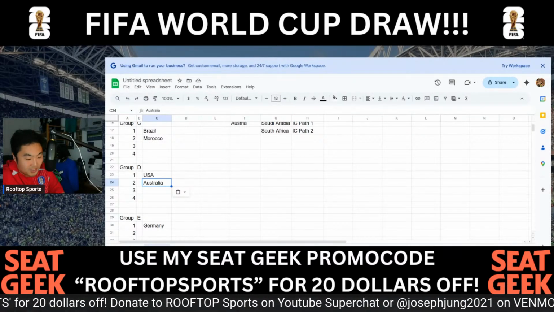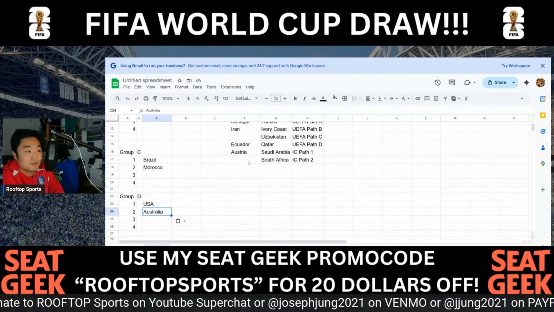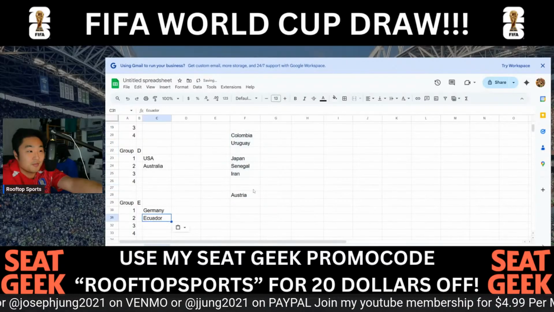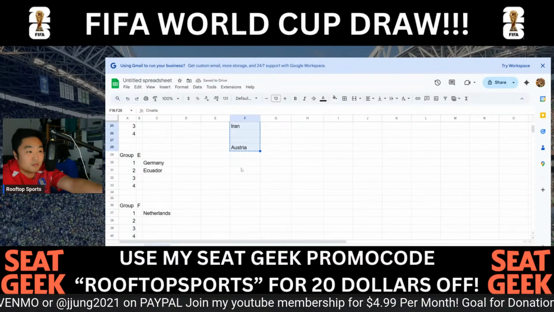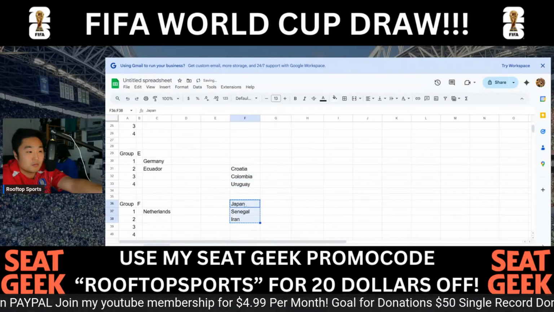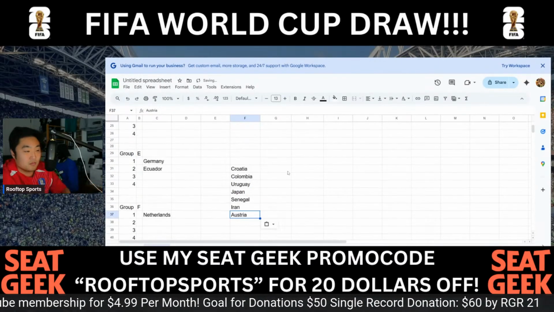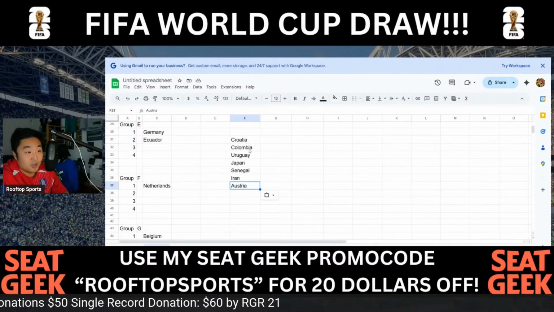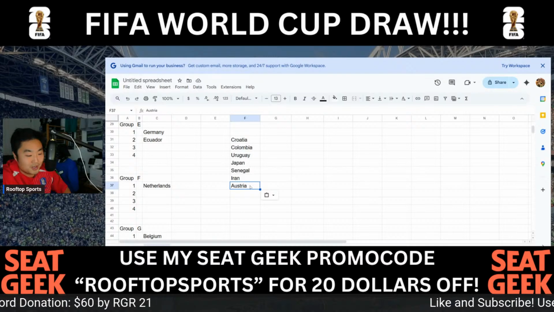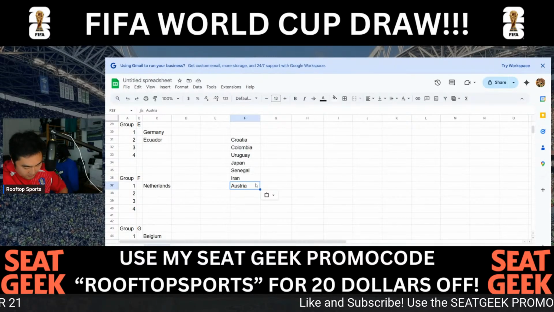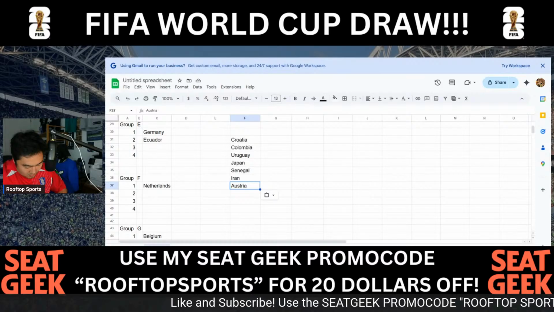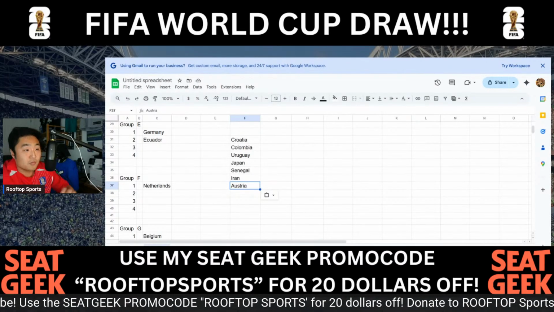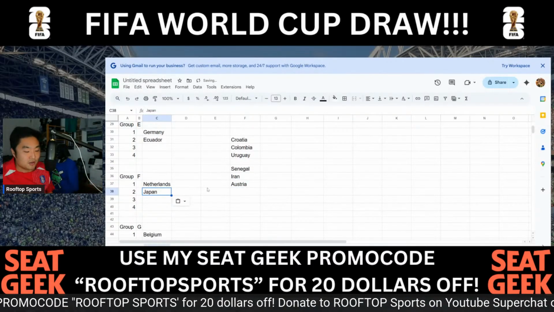All right, who's going to go up against Germany? Ecuador will be going up against Germany. And Group F can be Croatia, Colombia, Uruguay, Japan, Senegal, Iran, and Austria. Then we got Japan going up against the Netherlands.